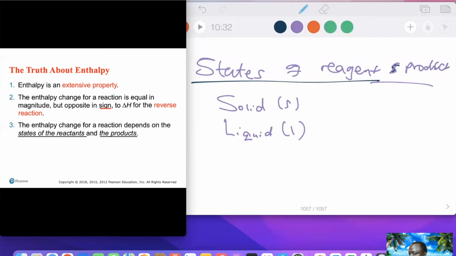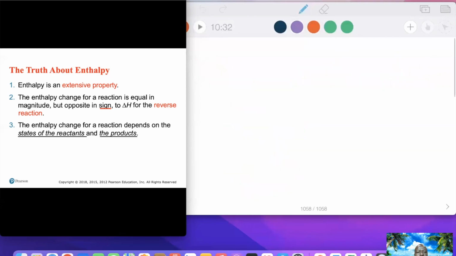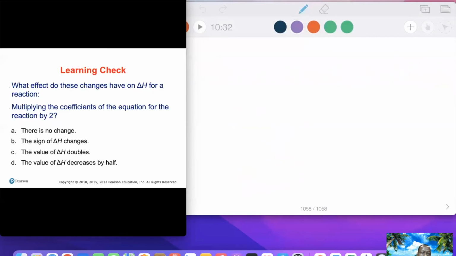L. Gas, G, or aqueous. Remember how to interpret a chemical reaction? These are the physical states. So for the enthalpy of reaction, we can have CO2 in solid state, we can have CO2 in gaseous state, and the enthalpy of reaction for those are different. So we have to pay attention to that.